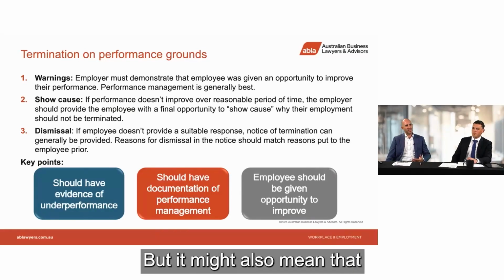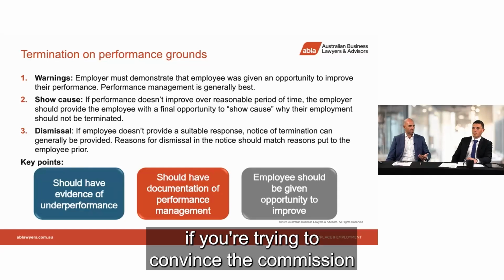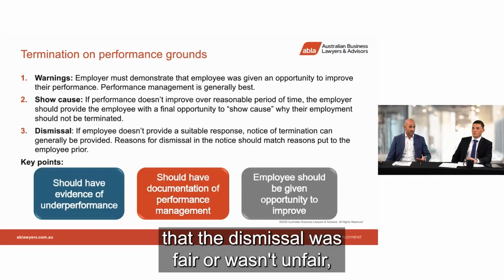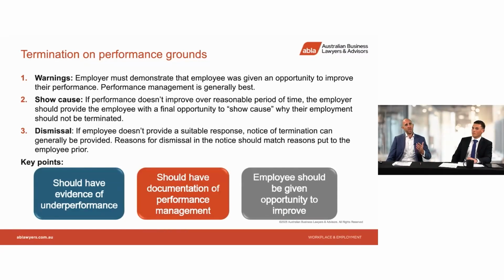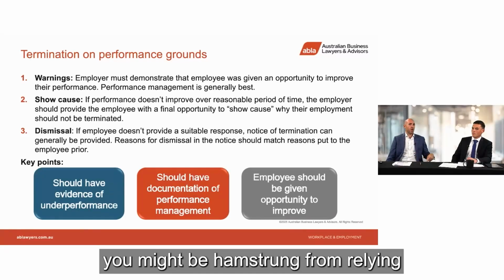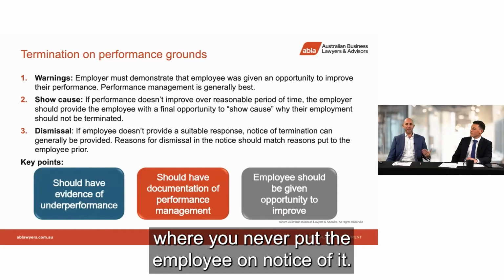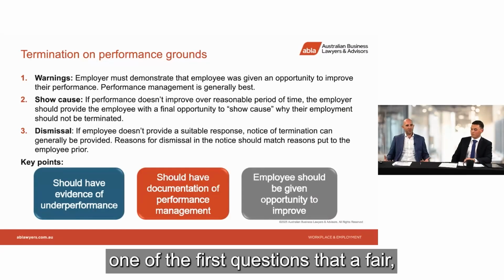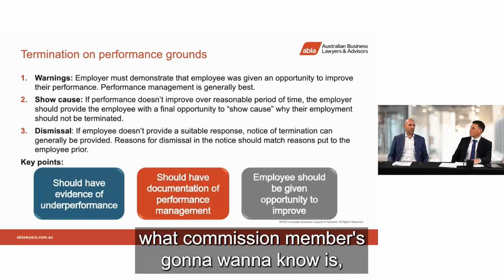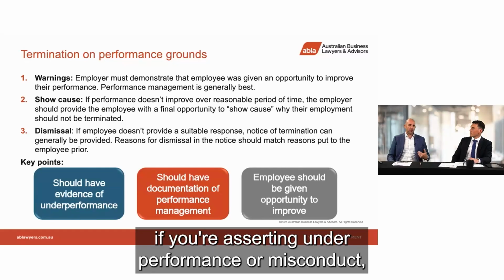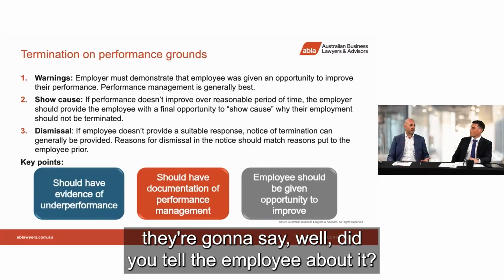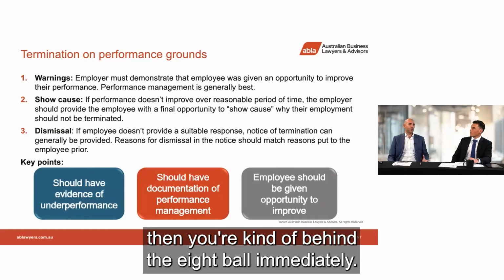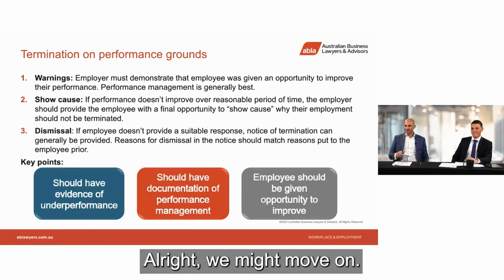But it might also mean that if you're trying to convince the Commission that the dismissal wasn't unfair, you might be hamstrung from relying on something three years ago in circumstances where you never put the employee on notice of it. One of the first questions that a Fair Work Commission member is going to want to know, if you're asserting underperformance or misconduct, is: did you tell the employee about it? If the answer is no, then you're behind the eight ball immediately. Absolutely.